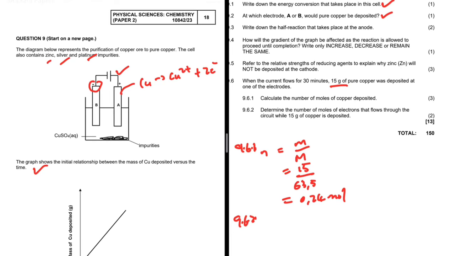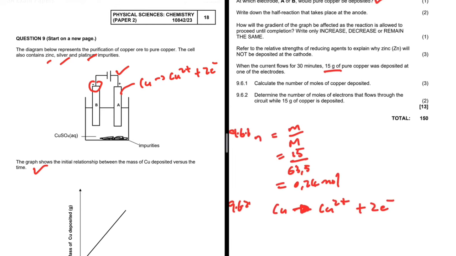Determine the number of moles of electrons that flows through the circuit while 15 grams of copper is deposited. 1 mole of copper gives us 2 moles of electrons. Right, it sounds very wrong to say 2 moles of electrons, but we can see the relationship here.